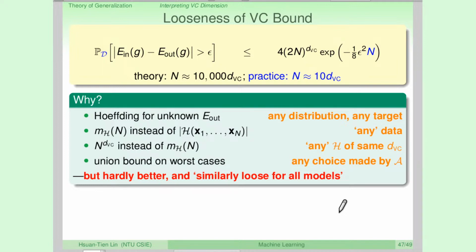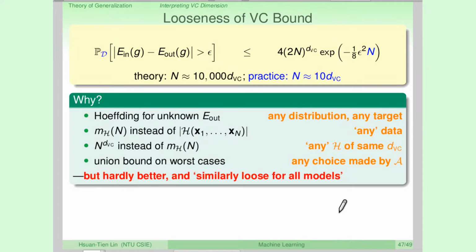So it can still be used for qualitative comparison, maybe not quantitative. Maybe you don't want to actually throw in the numbers to the VC bound and get that the bad probability is less than or equal to 10 to the 8 or 10 to the 9 or something.